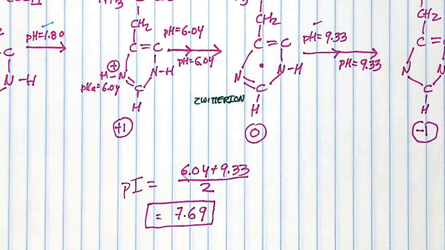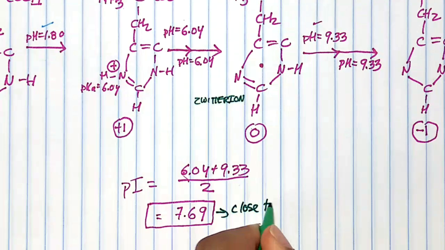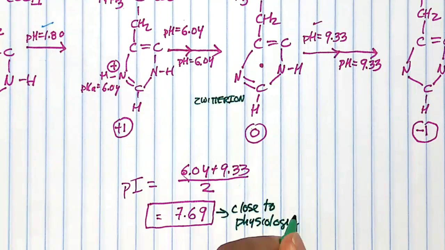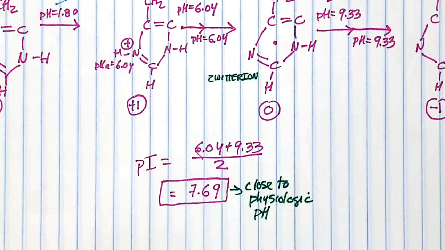What I'd like to submit to you is that this number is pretty close to physiologic pH, or as we define it, the pH that it would exist at under cellular conditions, which, according to some textbooks, is 7.5, 7.6, 7.4, whatever it may be. This is very close to the pH that you would expect to find in the cell.